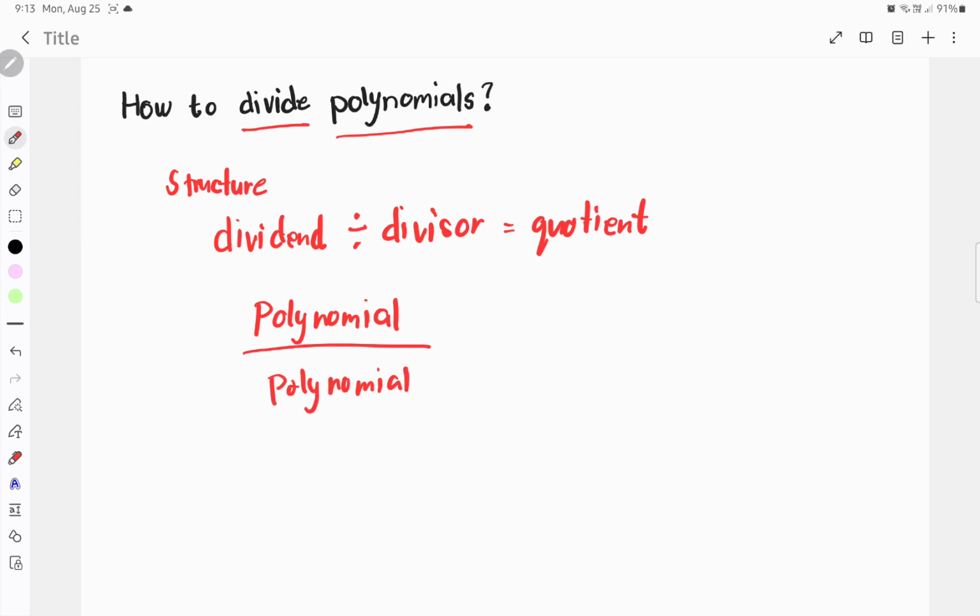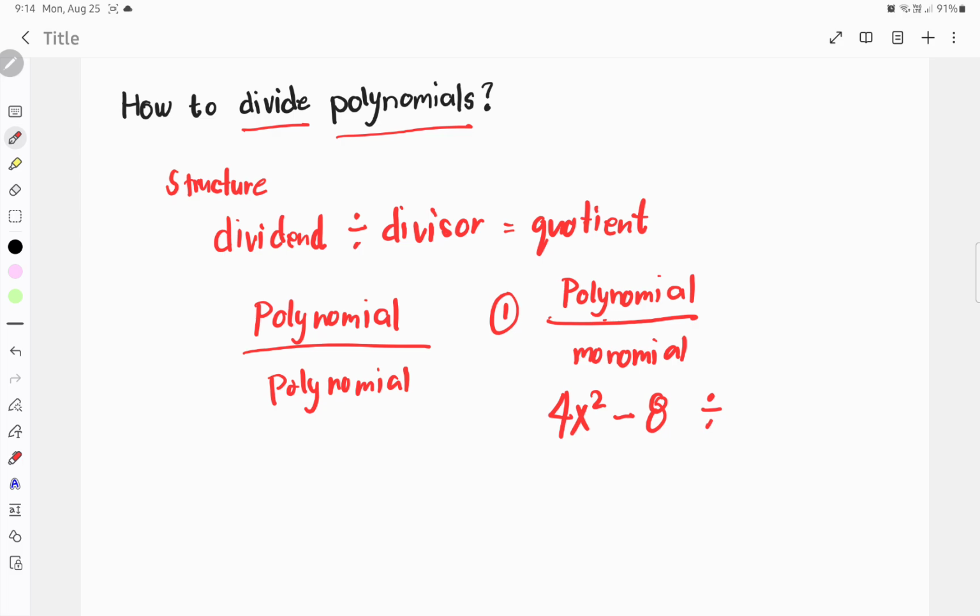So structure 1, it's much easier if this is working on the number of terms. So if this is a polynomial divided by a monomial, it's much easier for us to look at that. So for example, I have here 4x squared minus 8 divided by 2.